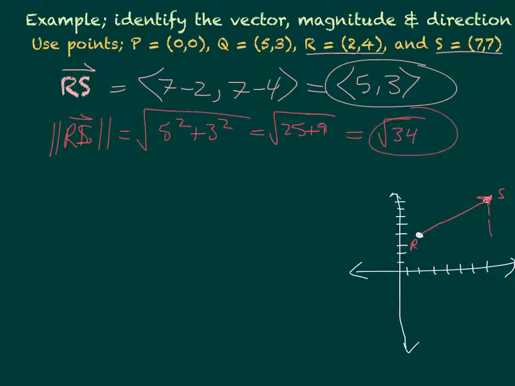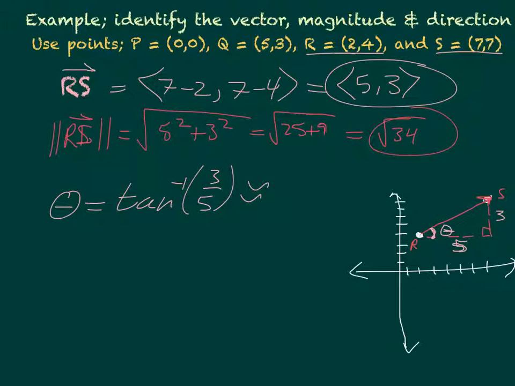So I can draw myself a little sketch. And I have that. So I'm looking for my angle right there. So again, this time that was 3 and this was 5. So it's the same thing as it was last time. So my theta, or my direction, is going to be equal to the inverse tangent of 3 over 5, which again approximates to 30.96 degrees.